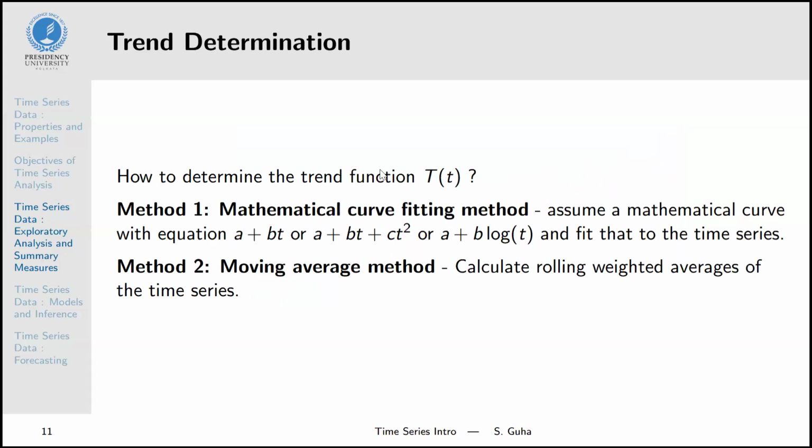You will use either Jamovi or SPSS or whatever software you like, or RStudio. You just give the command, or just click, and that will give you the values of a, b, c. That way you get the trend function. In this case, you might get a function like 2 plus 3t.